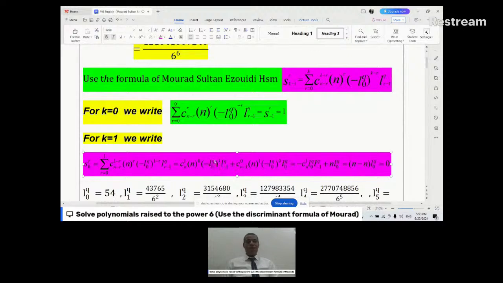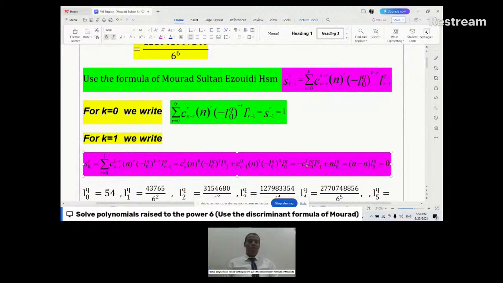I should write this common factor outside the brackets. It will be n minus n, simply because this is n, then minus combination n choose 1, which is n, times the common factor L0 of Q. Therefore, n minus n is 0 times a number that is different to 0, equal to 0.